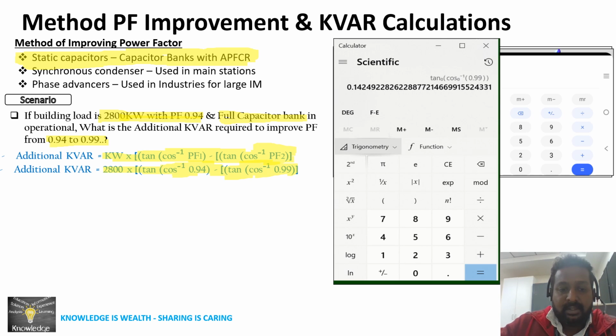Next is 2800 kilowatt into bracket 0.36295 minus 0.14249, which is equal to 617.